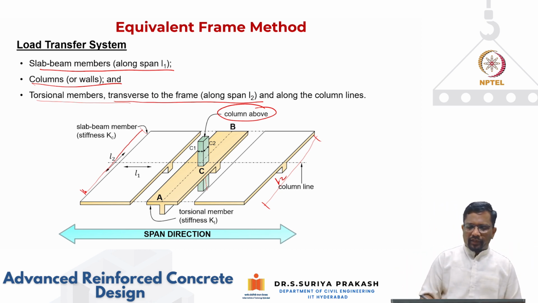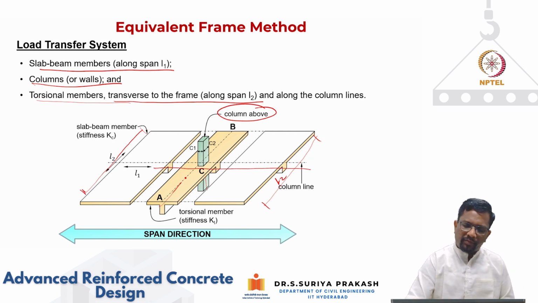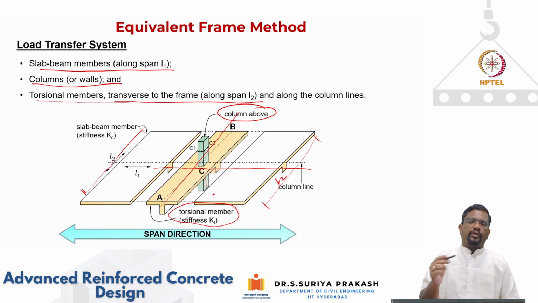So you see here, you have a beam that is running along the column line. Then you have another beam that is running perpendicular in the transverse direction. So that is going to contribute by twisting. That is why this is called a torsional member, where the stiffness has to be considered in the form of KT, which is your torsion stiffness.